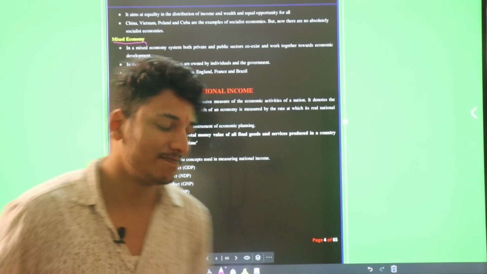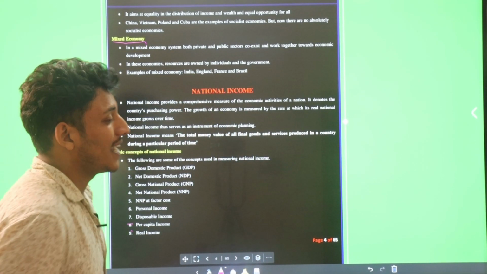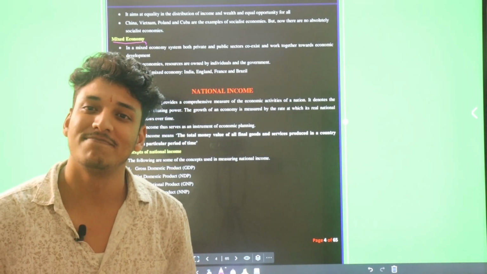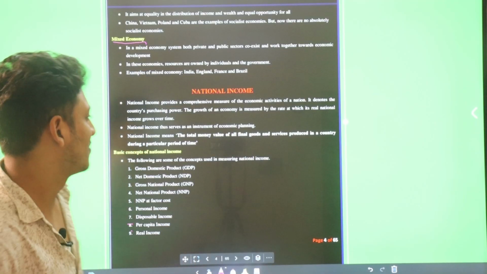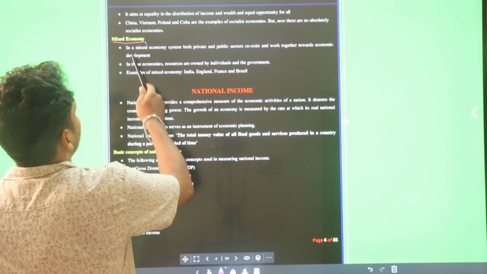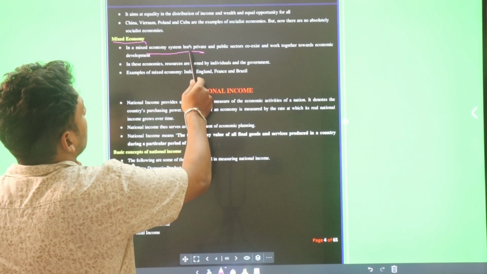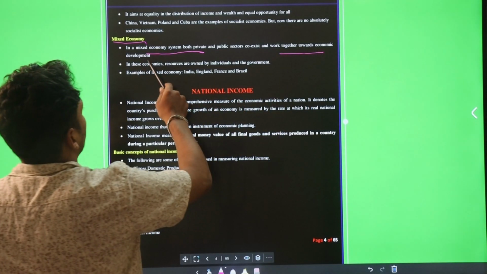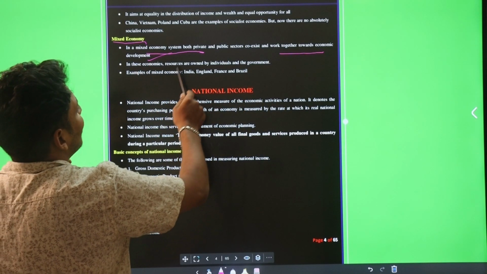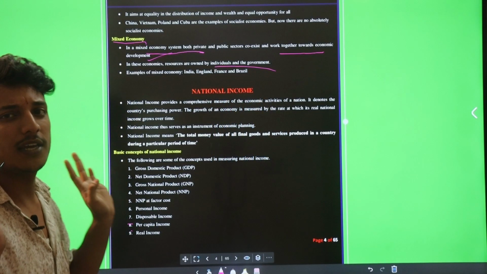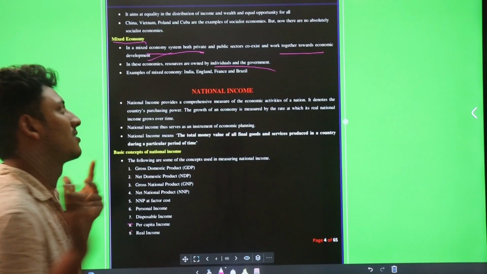Both the private and government sectors contribute equally to the national income. Both coexist and work together towards economic development. In this economy, resources are owned by individuals and government, and both are equally involved.